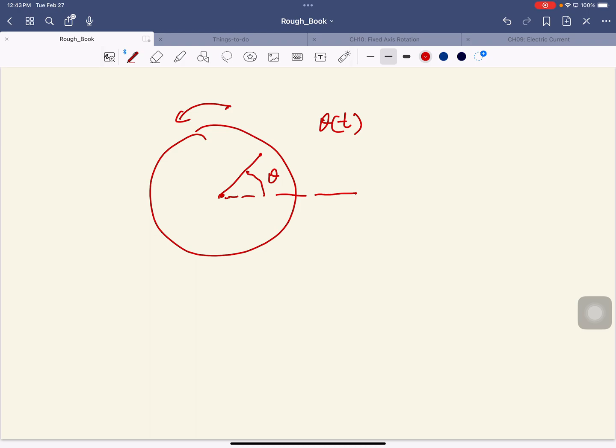So if this is marked over here, to what angle did that rotate? 90. 450. So you keep adding, you don't reset at 360.